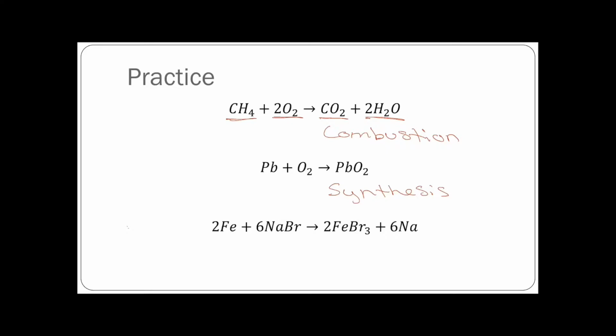Next one, we've got Fe plus NaBr makes FeBr plus Na. Okay, the Fe ends up bonding with the Br, and the Na ends up getting kicked out. So that would mean that this is a single displacement.